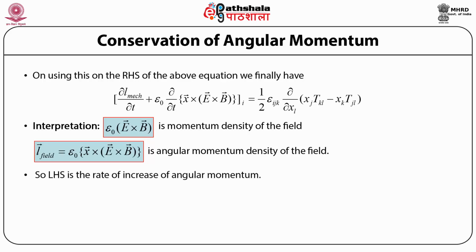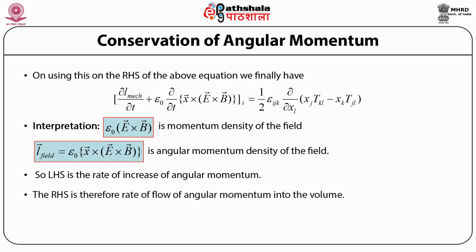So if both the terms are taken together, the left hand side represents the rate of increase of the total angular momentum, where the total angular momentum is the sum of the angular momentum due to the mechanical part and the angular momentum due to the electromagnetic field.